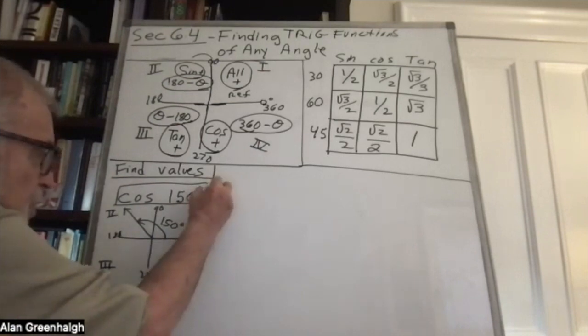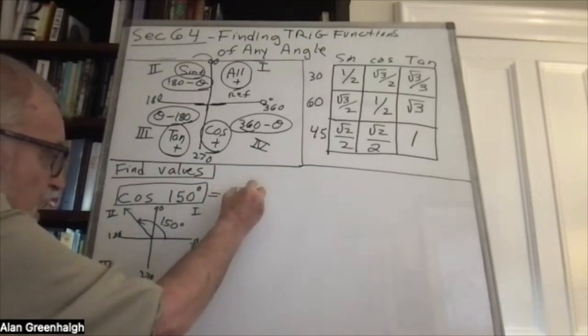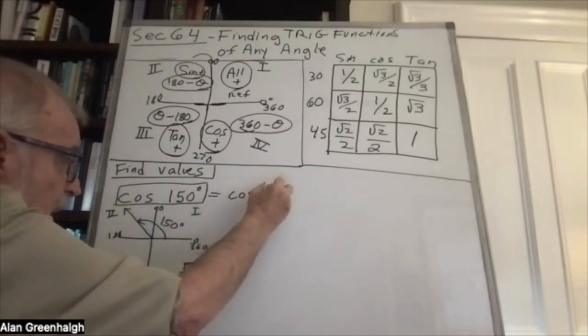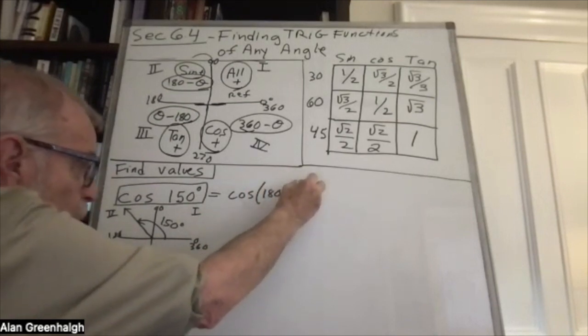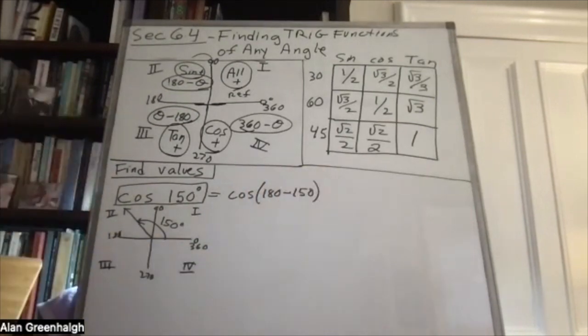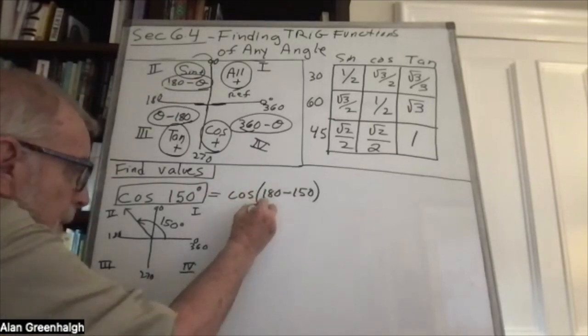So this is equal to the cosine of 180 minus 150. Once you identify that it's a second quadrant angle, using the chart up here, it's going to be 180 minus the angle. 180 minus 150 is 30 degrees.